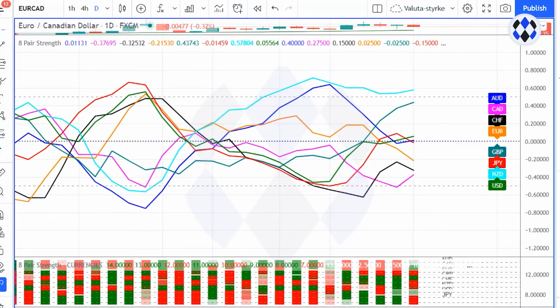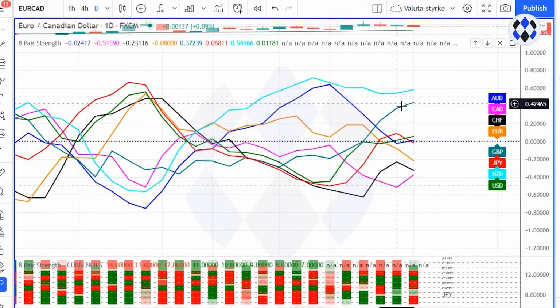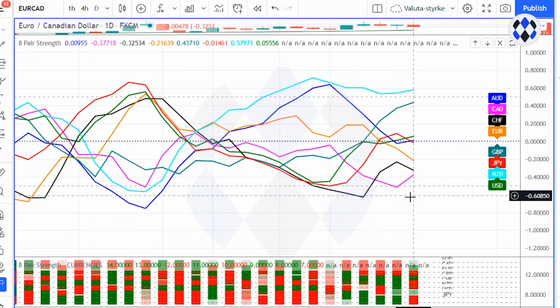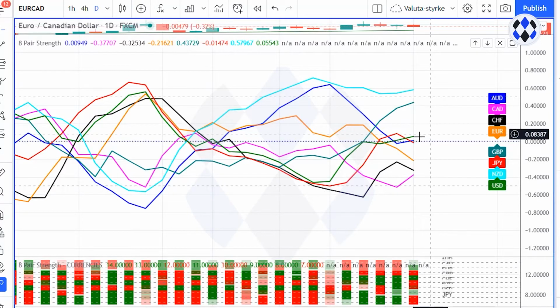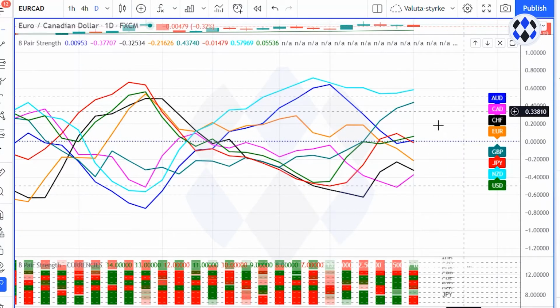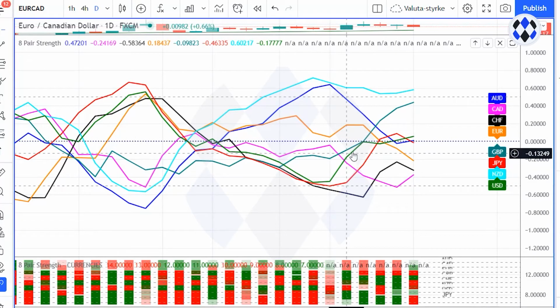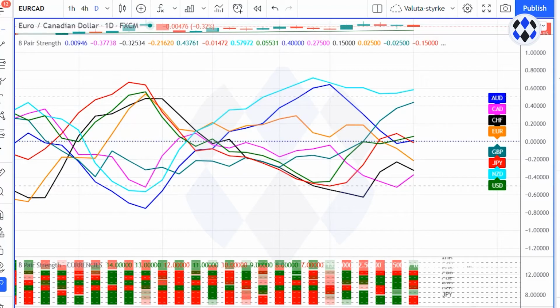So I think that the economies will start to accelerate, and that will make the demand for oil a lot larger. Which also means that the New Zealand dollar, the Australian dollar, and the Canadian dollar might be seeing some upturn in the near future.